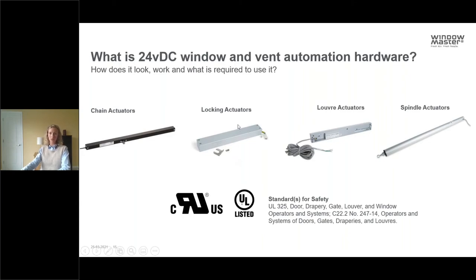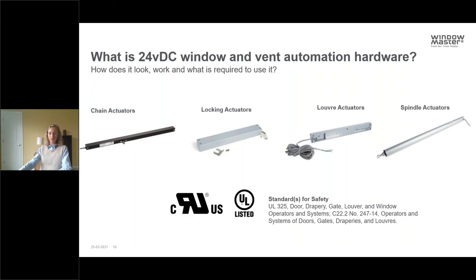Now we have louver actuators as well, and then like I showed you a picture of earlier, there's also spindle actuators. Spindle actuators are great for force, and they're a strong animal, but they also do protrude into the space. So a great application for windows that are very high away, not necessarily always the most aesthetically appealing, but good for very, very heavy windows, especially skylights where there's maybe snow or ice load.